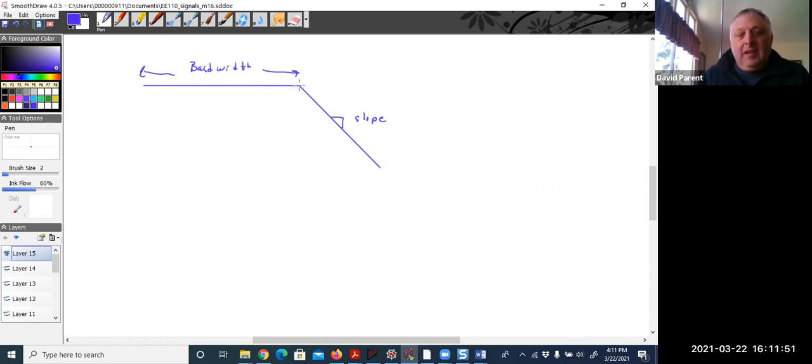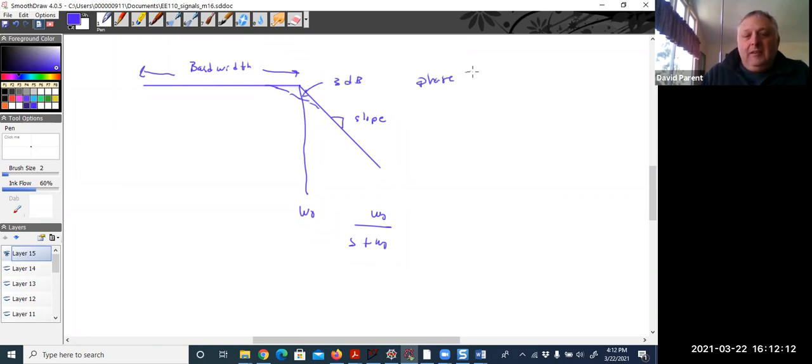In this case, this is omega naught, and a low pass would have omega naught over S plus omega naught. Really, it's 3 dB down, and the phase is minus 45 degrees.